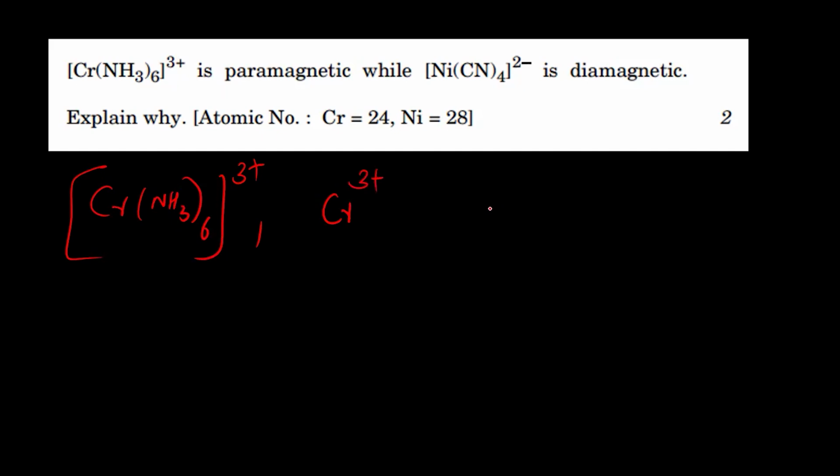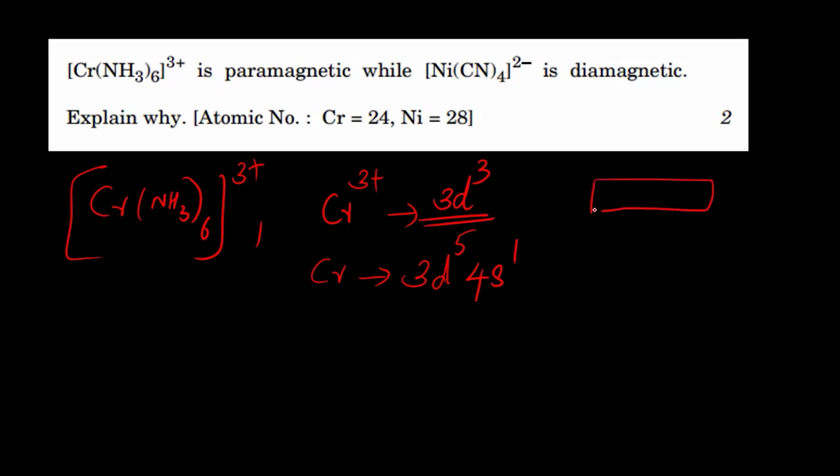What is the electron configuration of Cr? 3d5 4s1. So 3+ means 3d3 will be the electron configuration of Cr3+. So it will be existing like 1, 2, 3, with 3 electrons here.